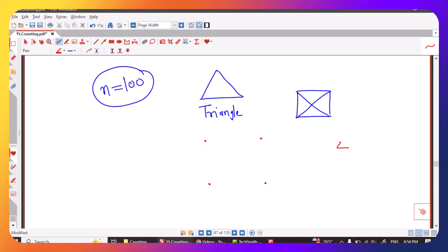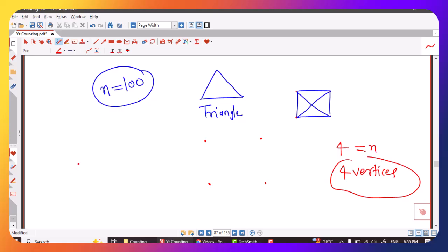Here we have square, therefore we have n equal to four sides and therefore we have four vertices. So we are interested in the line segments by joining any two of these four vertices. How many line segments are possible by joining any two vertices out of these four vertices?